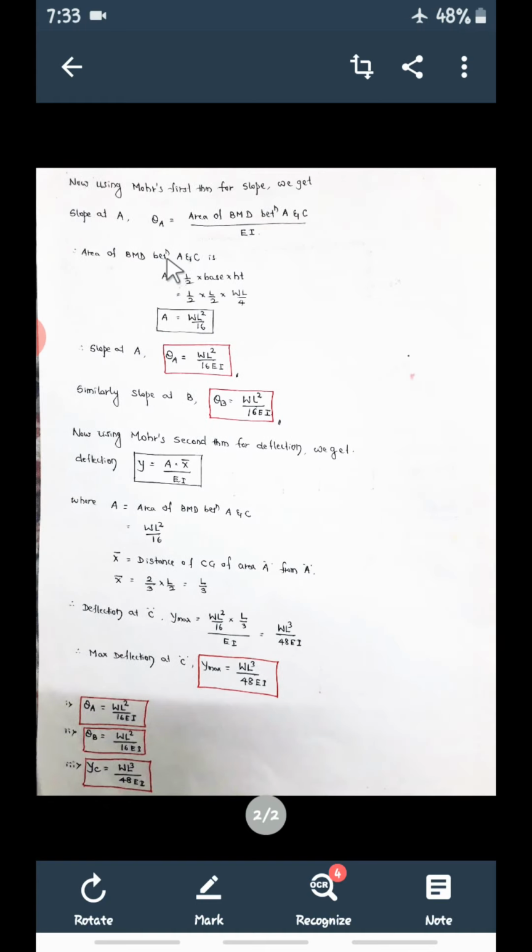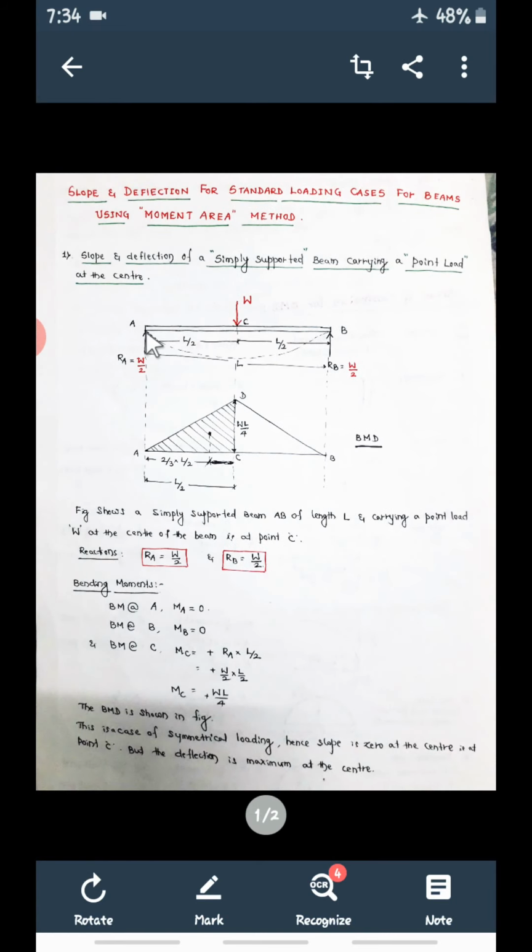Okay, now whatever two equations, two theorems, we have derived, we are going to use those two theorems. What is the first theorem? Moore's first theorem for slope. So using the first theorem, we are going to get the slope. So what does Moore's first theorem indicate? Now I want slope at A. Since theta A and theta B are the same here, why? This is a symmetrical loading.